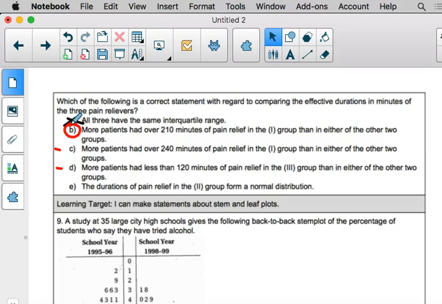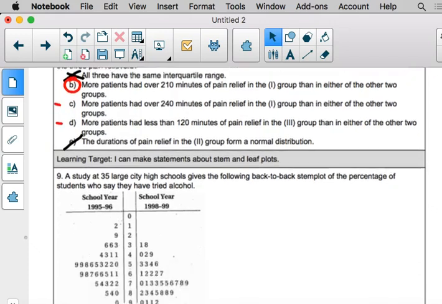And E, for group 2, while group 2 is symmetric, it's too strong of a statement to say that that makes it normal, right? Those are very different things. If it had said symmetric, yes, that would be great. However, that's not what it said, and therefore you can't mark E as correct.